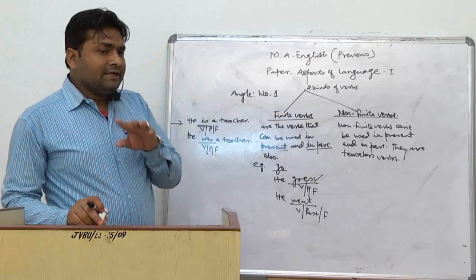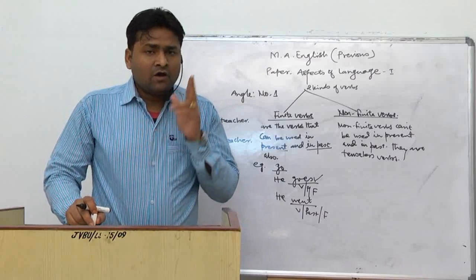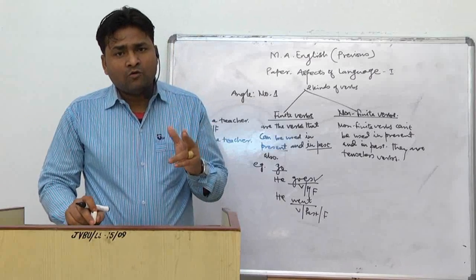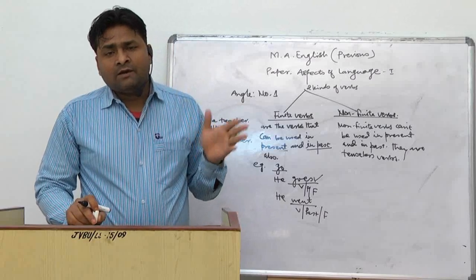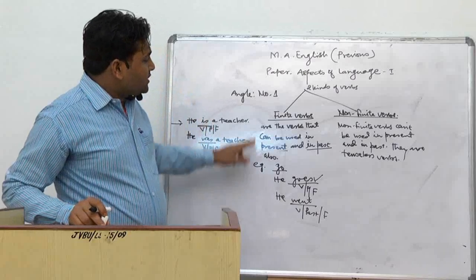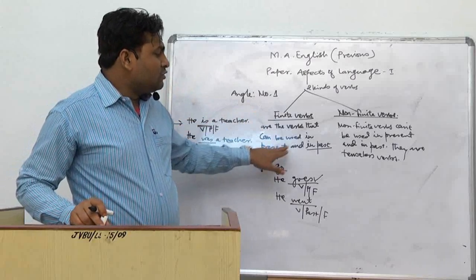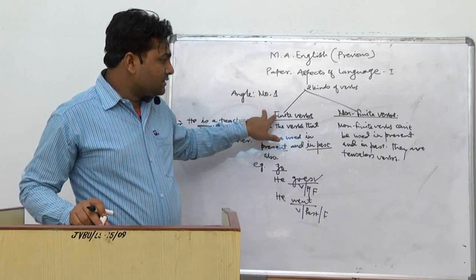Now, I think angle number 1 will be very clear to your minds because angle number 1 talks about two kinds of verbs. Number 1, finite verbs. Number 2, non-finite verbs. Finite verbs, which can be changed from present to past and past to present, are called finite verbs.